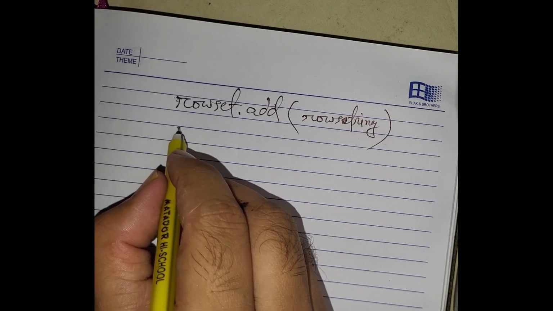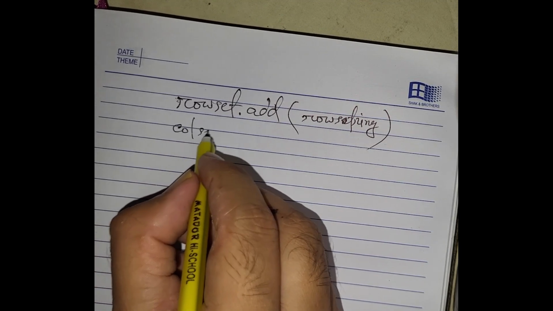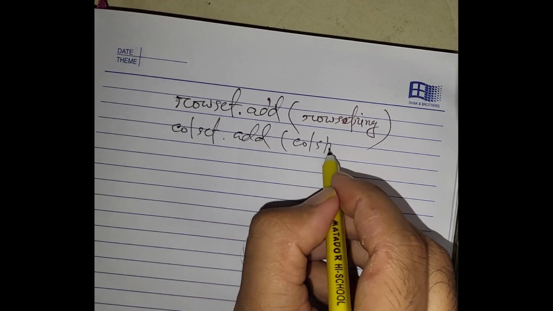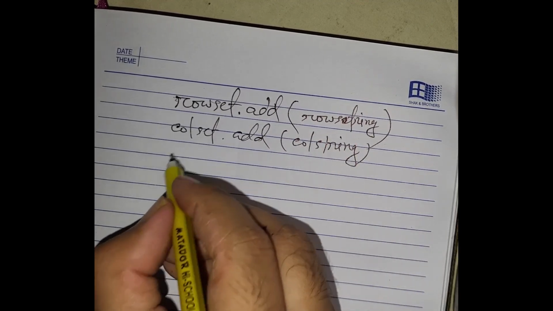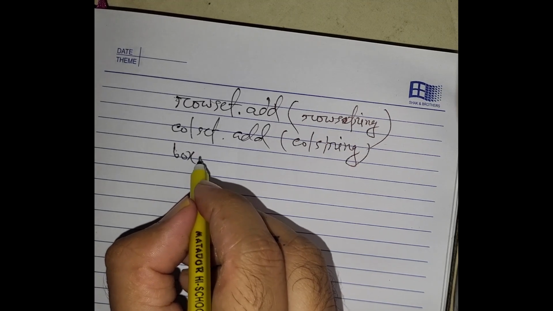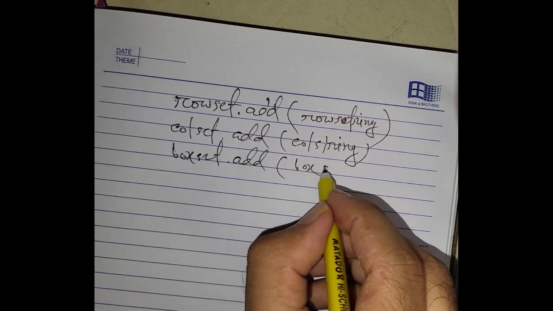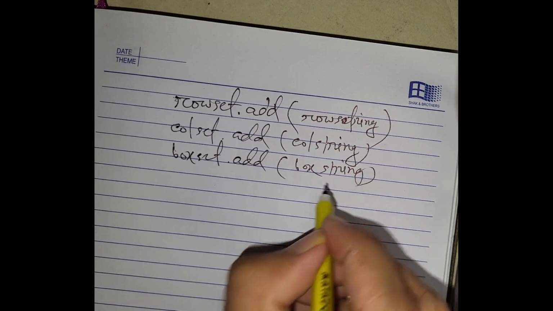Similarly, we want to add column set dot add column string, and box set dot add box string that we have got.